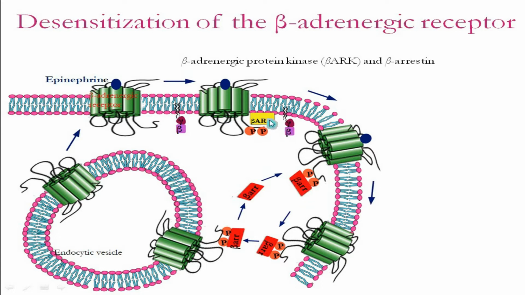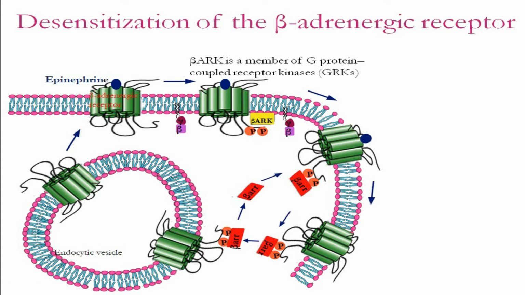This beta-adrenergic protein kinase is a member of G-protein coupled receptor kinase. That is, this beta-ARK is a member of GRK. These are the two proteins involved in desensitization of beta-adrenergic receptor.